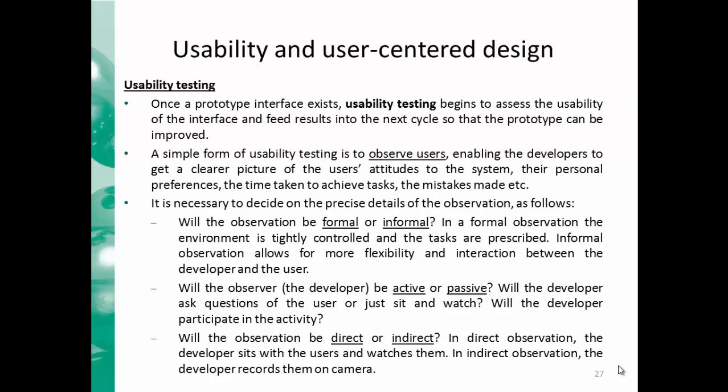In the case of formal or informal observation, the difference between the two is that formal observation depends on a tightly controlled environment, whereas informal observation allows users to do whatever they want in a very flexible way. The observer can be active, meaning involved with the interaction, or passive, just watching without being involved in using the interface.